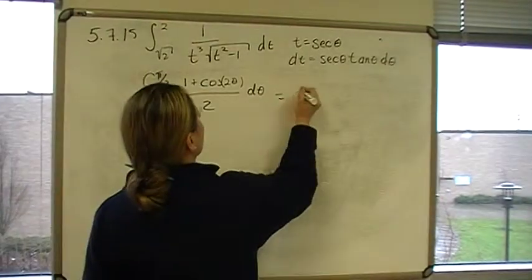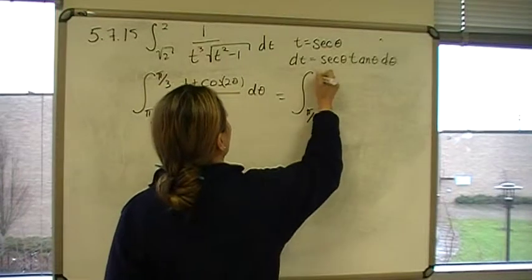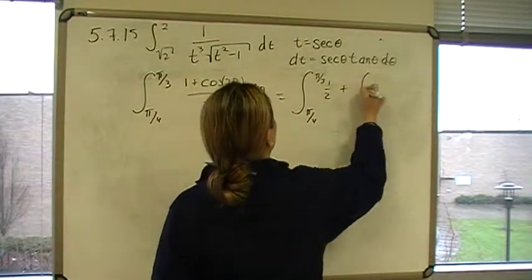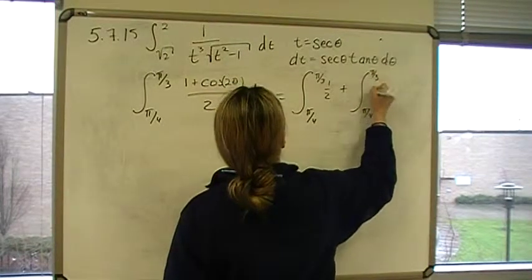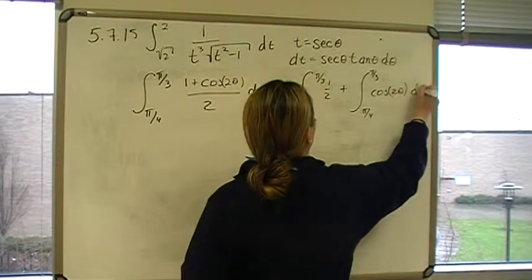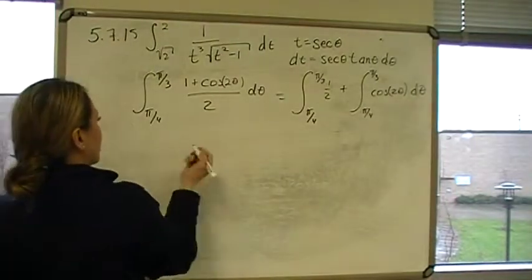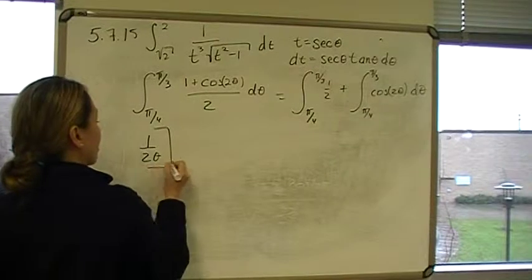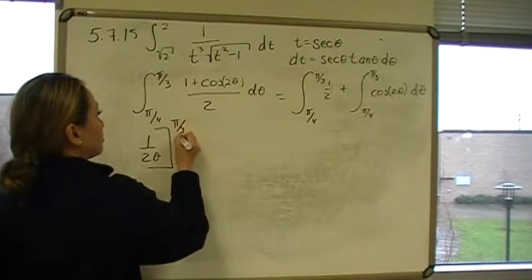And that's equal to the integral from pi fourths to pi thirds of 1/2, plus the integral from pi fourths to pi thirds of 1/2 cosine 2 theta d theta. Okay, well this integral is just 1/2 theta, and we can evaluate that from pi fourths to pi thirds.